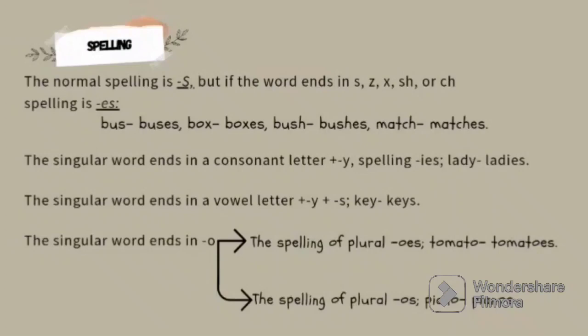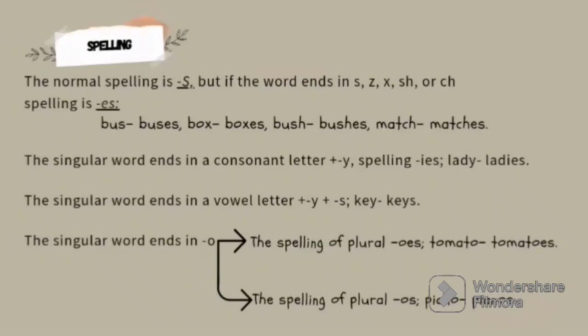Another category is when the singular noun ends in a consonant letter plus y. The spelling is ies. For example, copy. P is a consonant, so it's copies in its plural. Copy, copies.